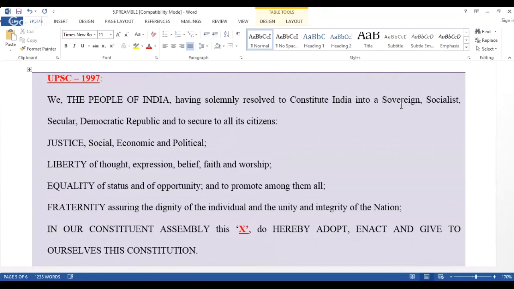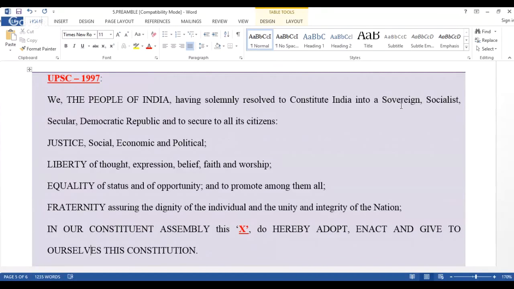Are you reading the whole question? You need not. Just by looking at the initial line, you can understand that you are going to read the preamble, and straight away jump to the last but one line. What is mentioned there? In our Constituent Assembly, this dash do hereby adopt, enact, and give to ourselves this Constitution.